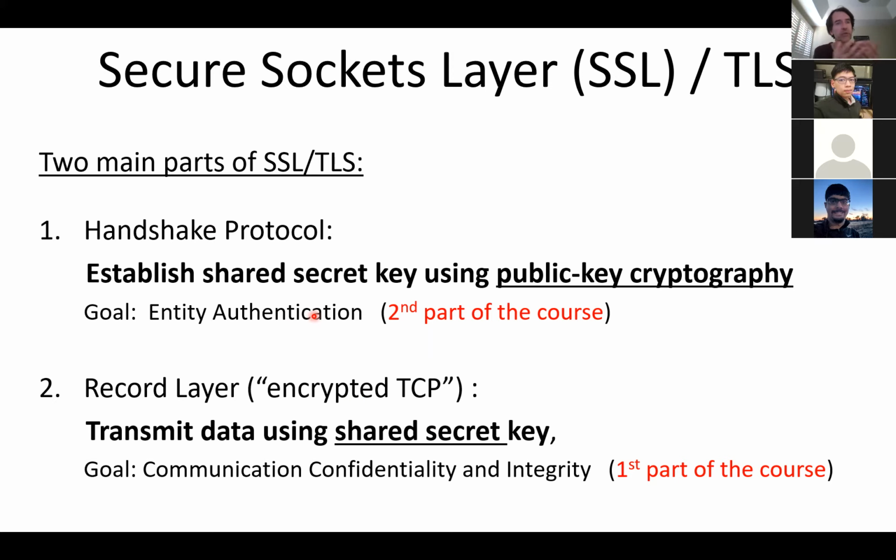As a server, I want to make sure that I share the key with an owner of a bank account, that the client authenticates and says, I'm Stanisław Jarecki, right? So there has to be creating a key, but there's an authenticated creation of this key. And likewise for the client, a client should ensure that he's talking to the right server.